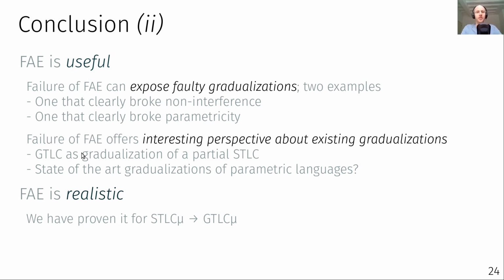And we also saw that state-of-the-art parametric gradualizations do indeed nevertheless lose some static reasoning. We also saw that FAE is realistic. Indeed, we have proven it for the simply typed lambda-calculus with recursive types into its gradualization.